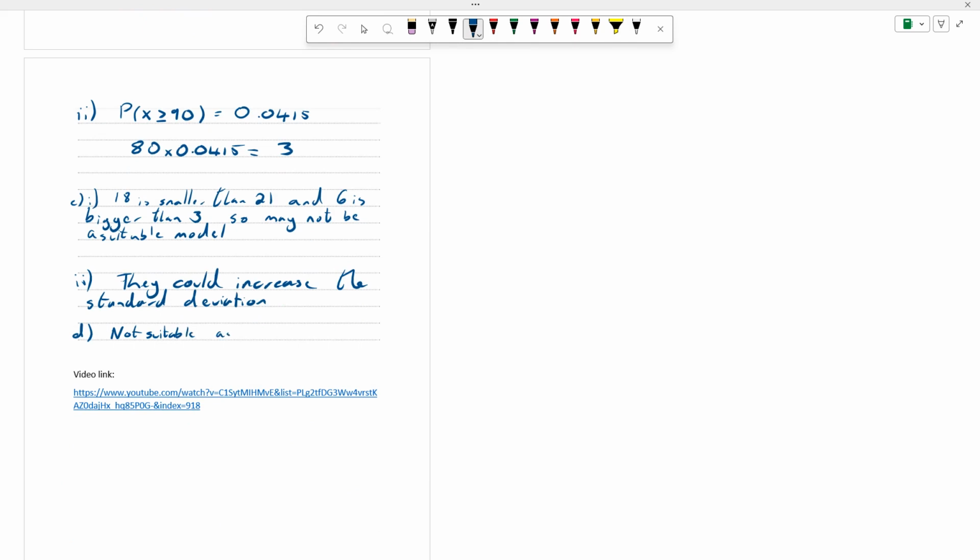Okay, as Northern Ireland capital, okay, may have different weekly expenditures on food.